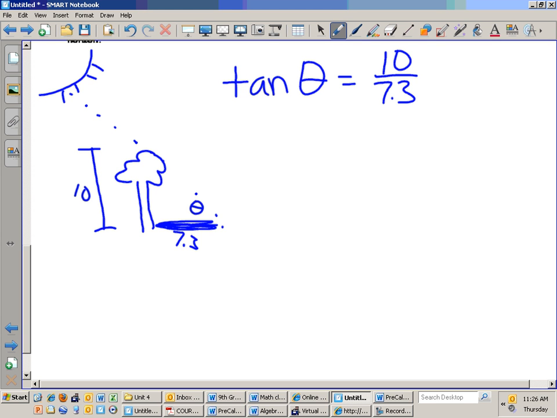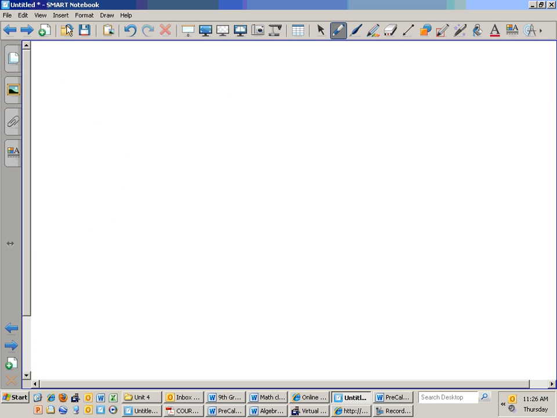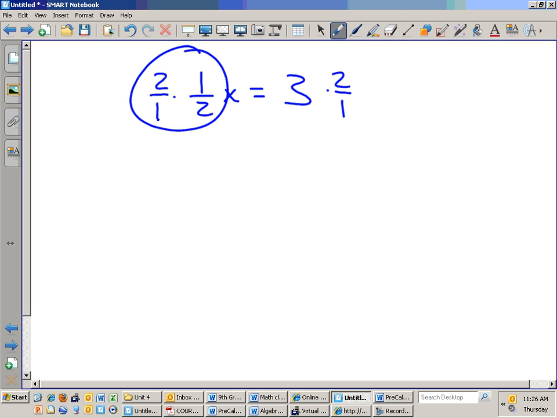Now, we haven't talked about how to solve for an angle, so I would like to show you something that's going to connect with your previous knowledge, that's going to help you understand why we solve for it that way, and this is our last step. If I give you this equation, 1/2 x is equal to 3, you solve for it by doing times 2 over 1, right? And you do that because those operations are inverses of one another, right?